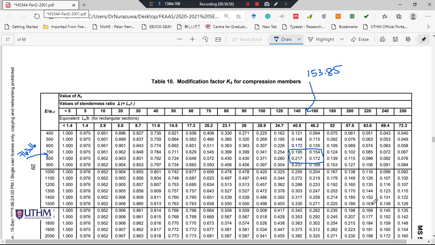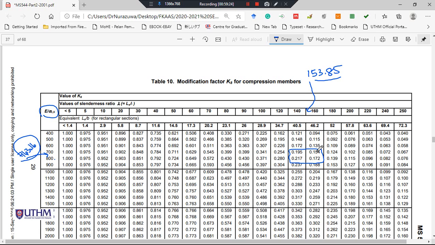So if you look at this table, this is the calculated Young's modulus divided by compression parallel to grain, and this is the value for the slenderness ratio. It is in between 140 and 160, and this value is in between 700 and 800.